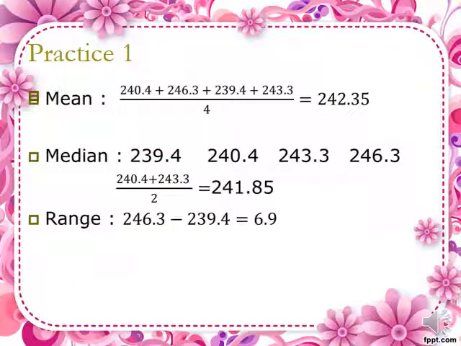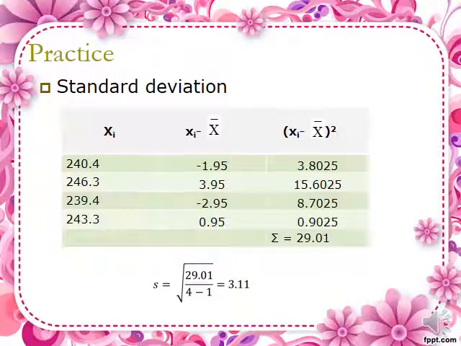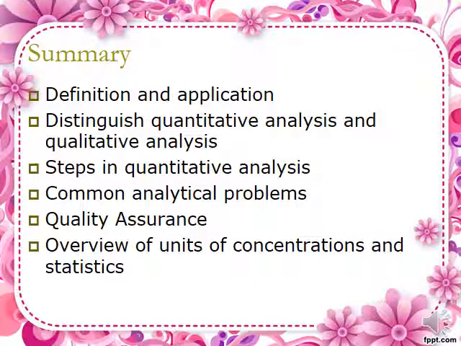You should get this for mean, median, and also range. This is the calculation part, and this is the summary of LU1. By now you should be able to accomplish all of this.